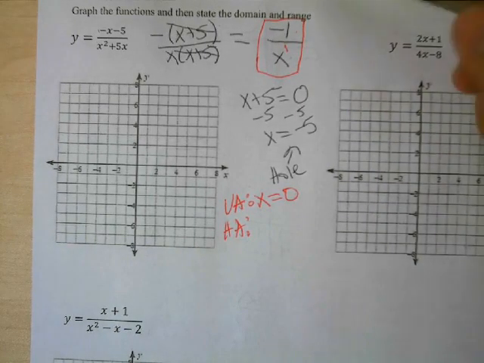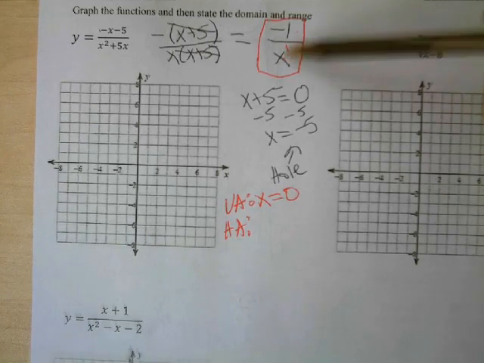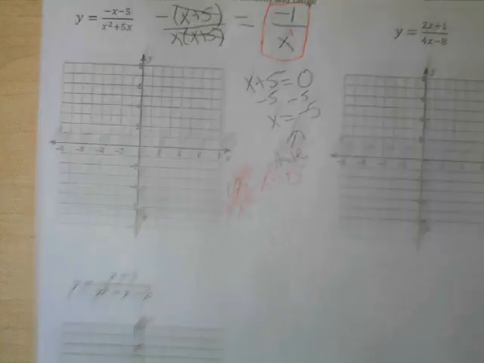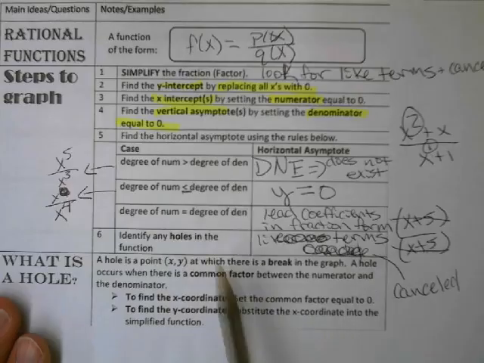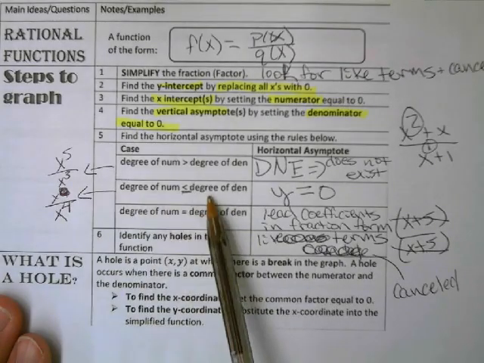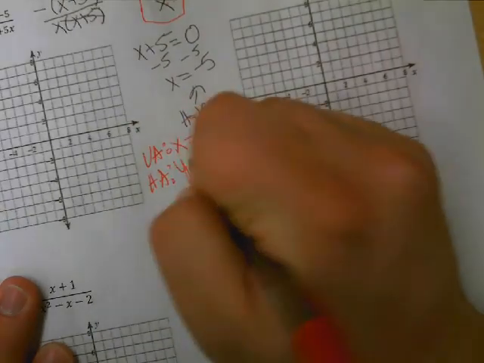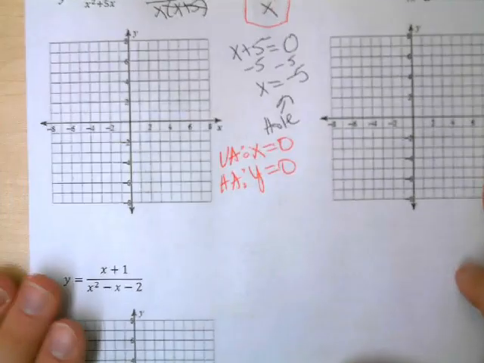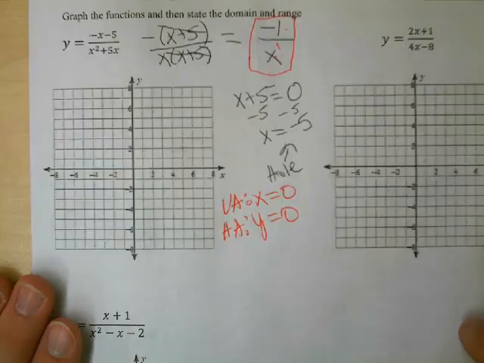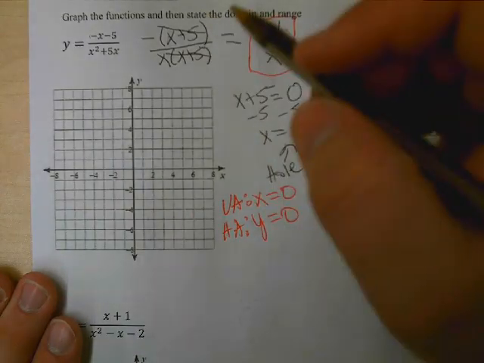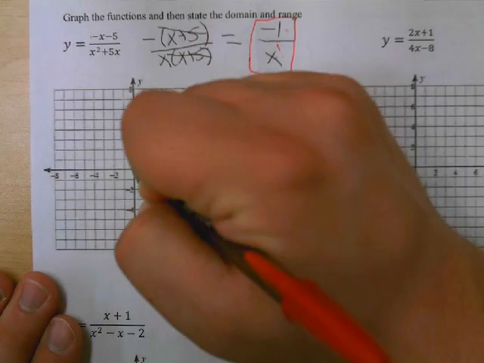So my denominator has more x's than my numerator. What rule do I have to follow? Yeah, y equals 0. That's just where it's going to be. Okay? At y equals 0. So now I can plot my horizontal and vertical asymptote. Okay?